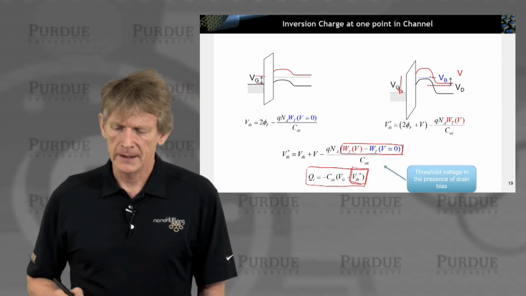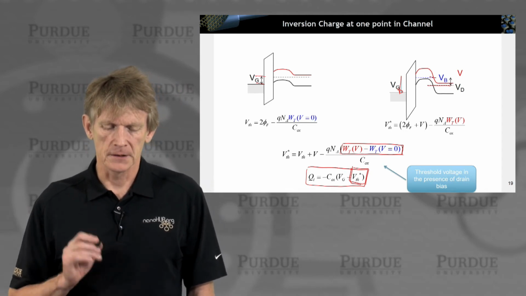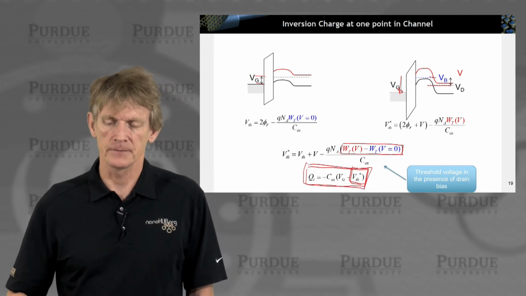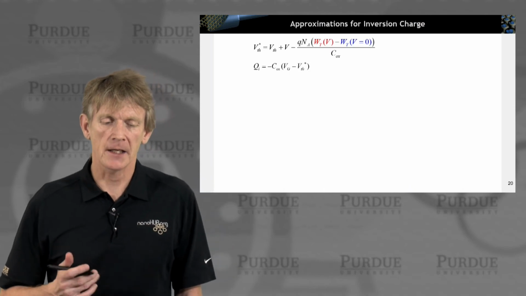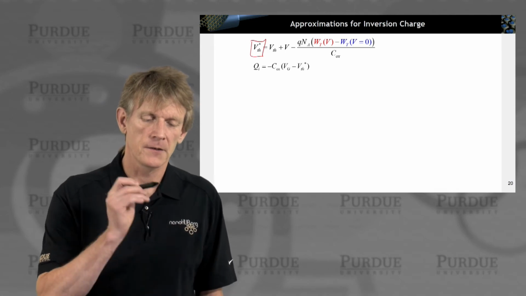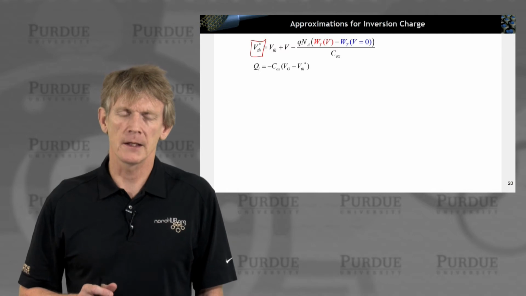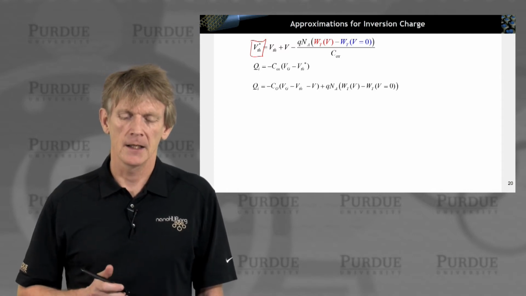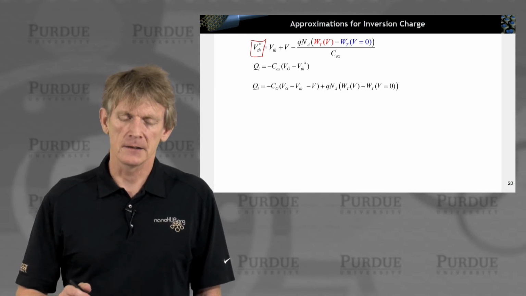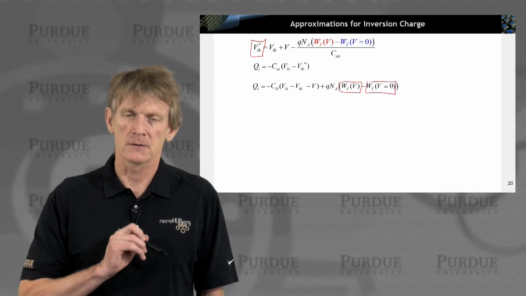All right, so let's see if we can approximate and get some expressions here for this charge in the channel. Okay, so I'm taking these two expressions for the V threshold star that is modified due to the gate drain voltage that was applied to the system. Let me plug that in and expand this out. Okay. Previously, we have calculated widths of these inversion layers, right?